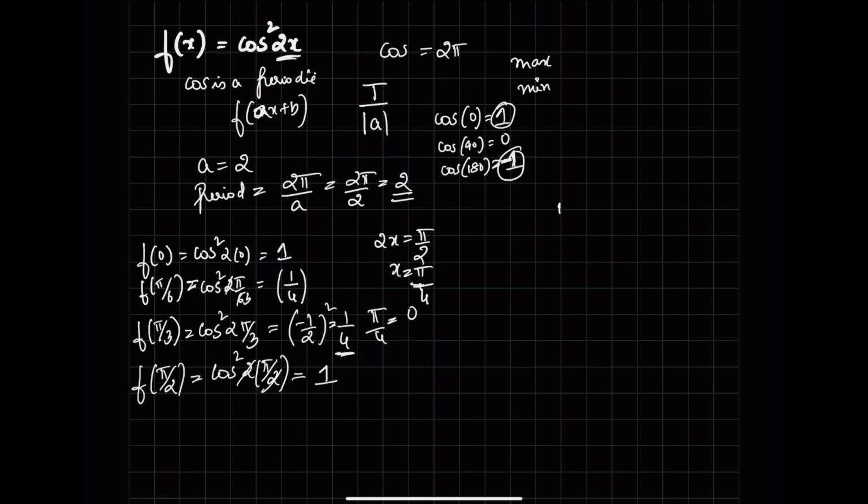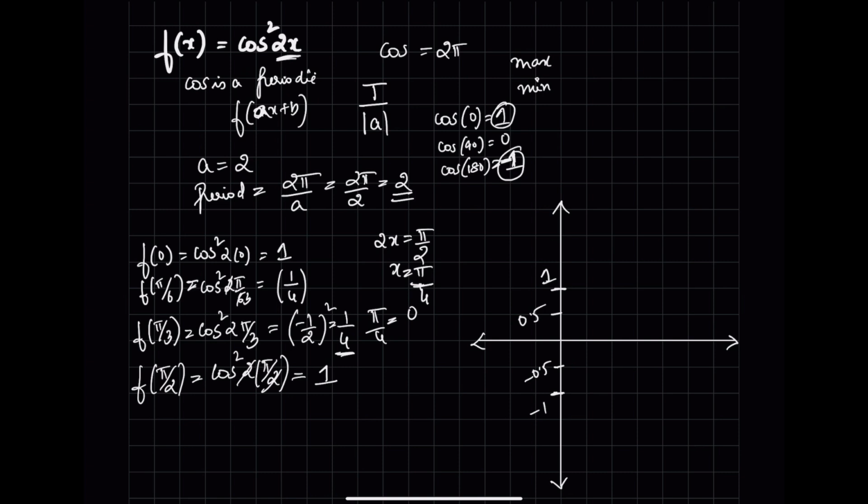Now let's start to plot this. So this is my y-axis. And this is the x-axis. So what is the value at 0? So this is 1, minus 1, minus 0.5, and 0.5. Okay.